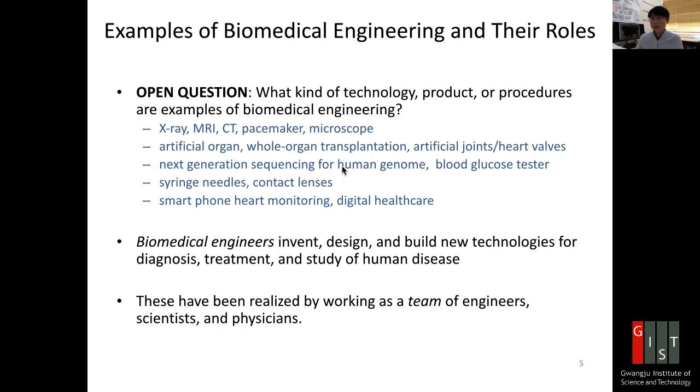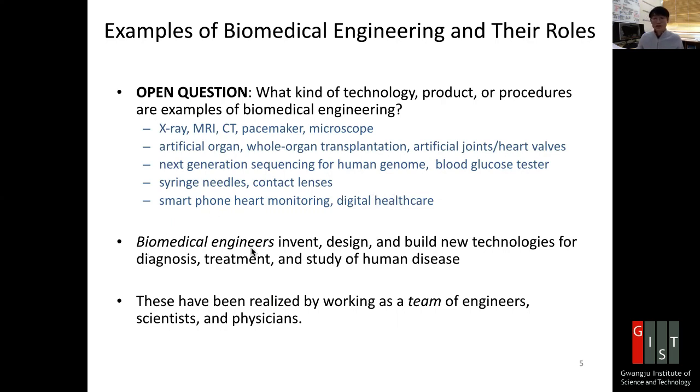And if you go to a hospital, you can find many syringe needles, which require engineering to produce. Those who do not have good vision may have contact lenses, which have a very high price per mask. Or even these days, many people have smartphones or smartwatches, which can have a heart monitoring system. And these data sets can be useful for digital healthcare.